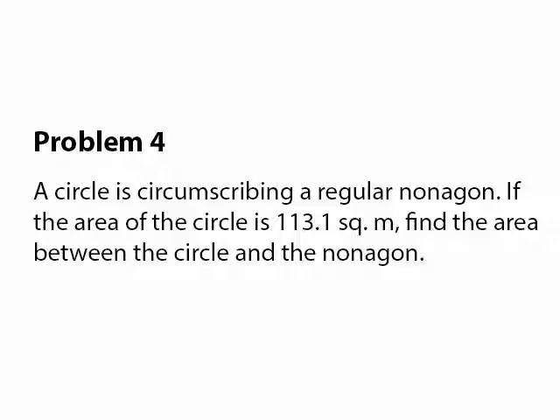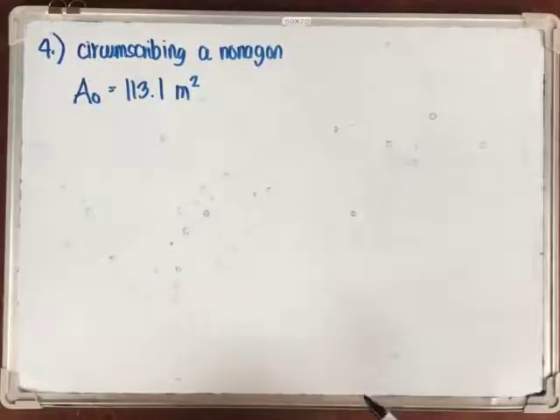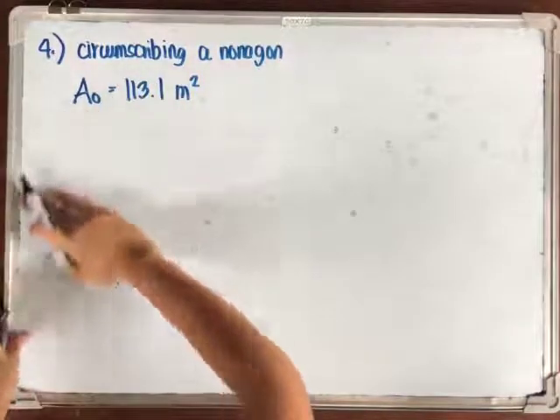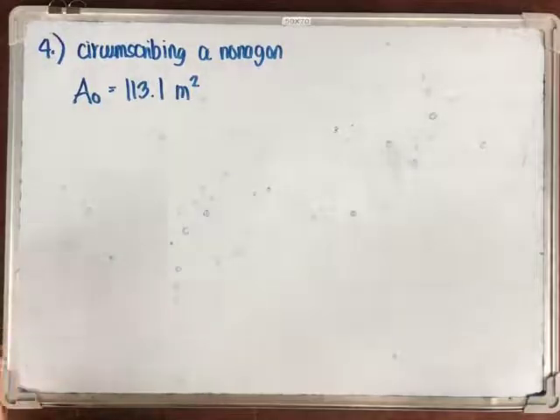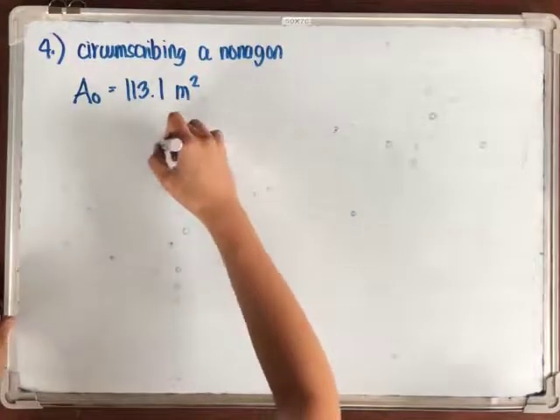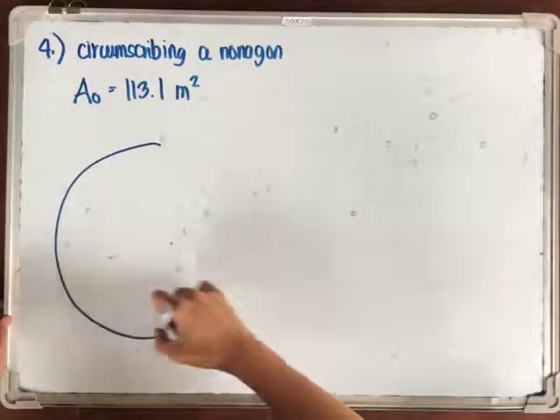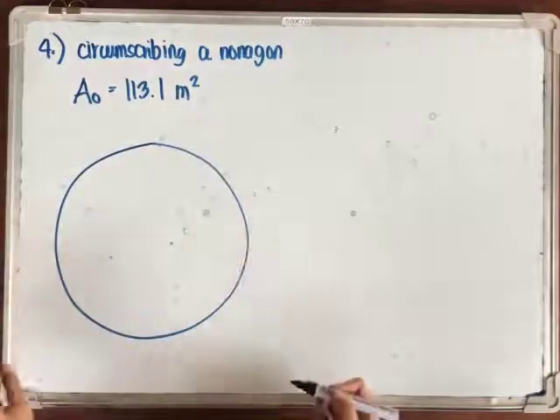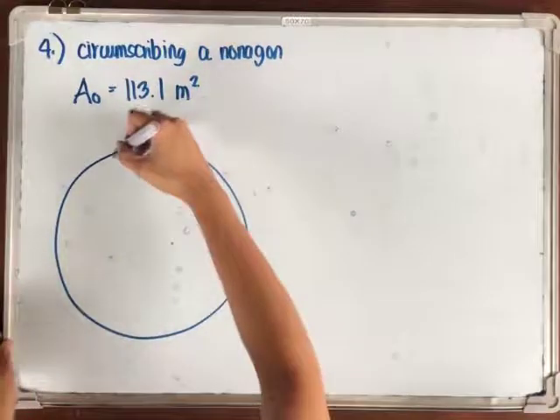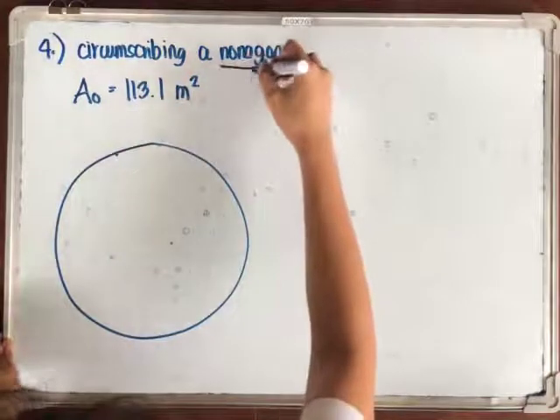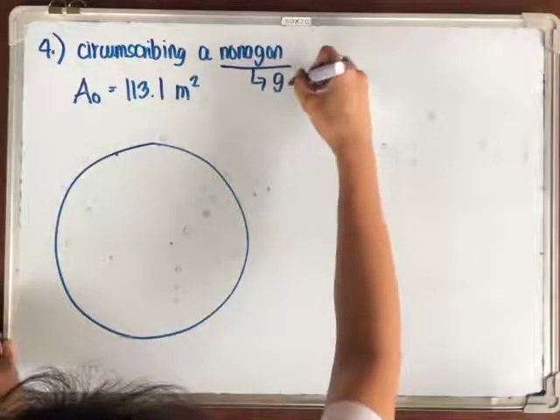If you're familiar with this term circumscribing, what does it mean when you say that a circle is circumscribing a nonagon? Pag sinabi mong circumscribing a nonagon, ibig sabihin, nandun siya sa labas ng nonagon. Parang pinapalibutan niya yung nonagon na yun. So, ganito yung magiging itsura. We have a circle here, and we are to draw a nonagon. A nonagon is a 9-sided polygon.